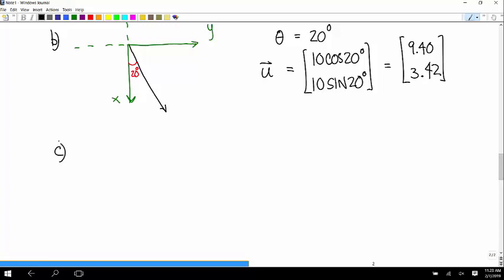And then the third one, so this was the sort of funny tilted one. The x-axis is that way. The y-axis is that way.